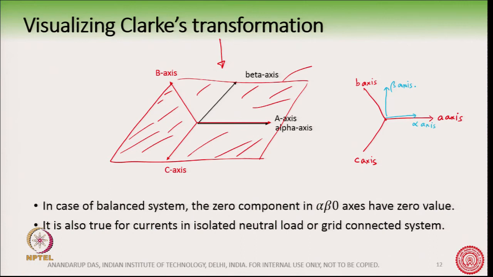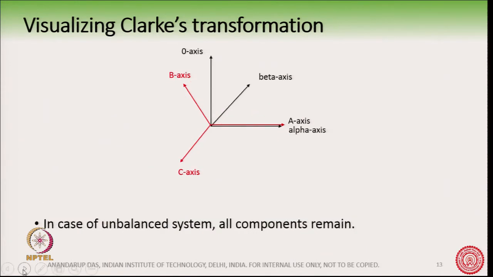The same thing, looking from the top of the plane. This is what I will see, and of course, there is the vector. This was what I wanted to convey about the visualization. In case of an unbalanced system, all these components will be present.